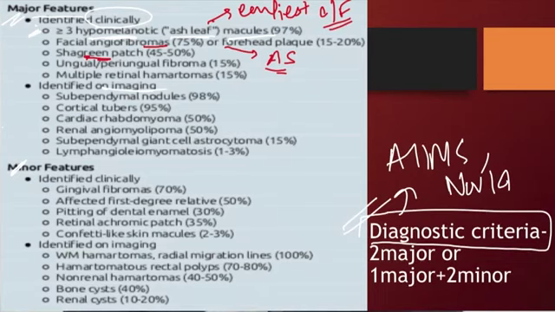We'll be seeing the images as we move on, but for now you need to know the cutaneous lesions: ash leaf macules, adenoma sebaceum or facial angiofibromas, which typically present in the butterfly region of the face, shagreen patches, and the fourth cutaneous lesion, ungual or periungual fibromas, which present in the region of the nails. The two eye manifestations, one of which comes in the major features, is retinal hamartomas.